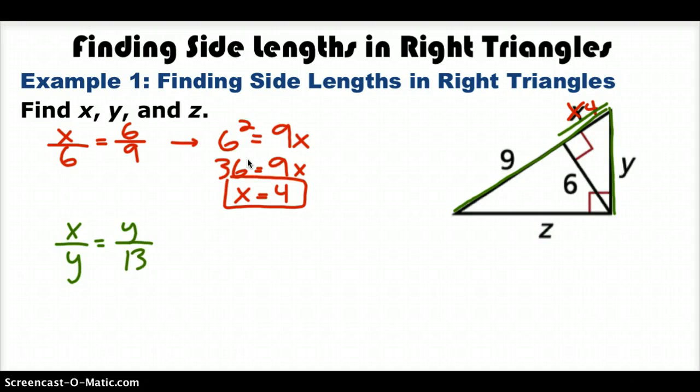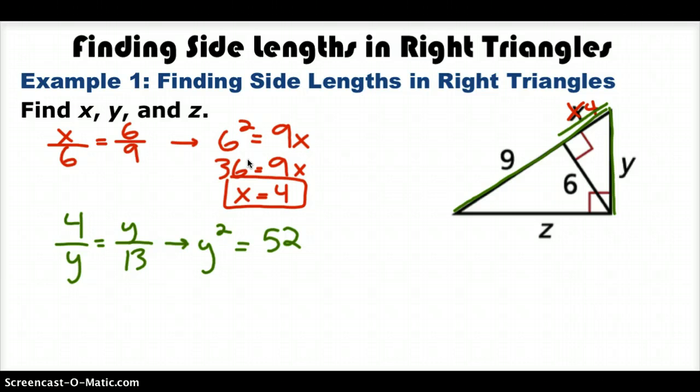Instead of writing x here, I'm going to write the actual distance of 4. So we end up with 4 is to y as y is to 13. We're going to cross multiply, so y squared is equal to 13 times 4, which gives us 52.